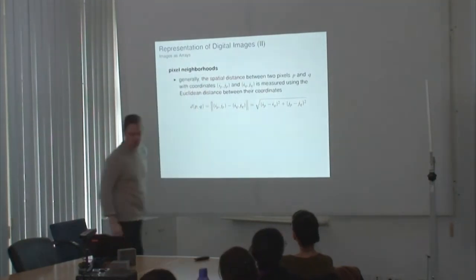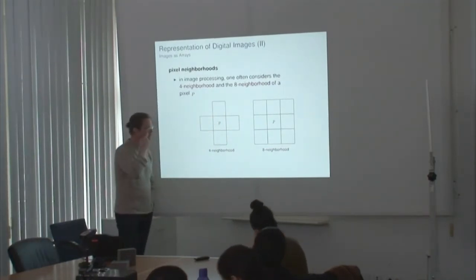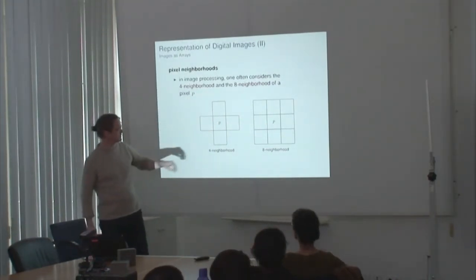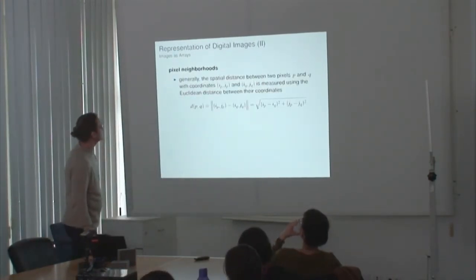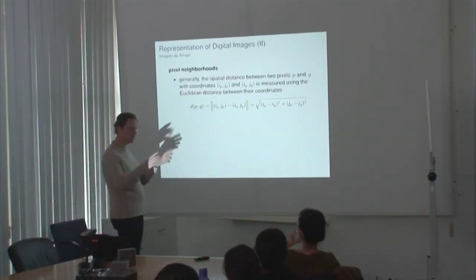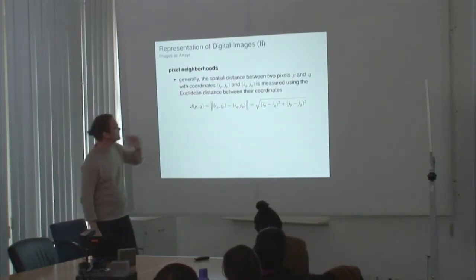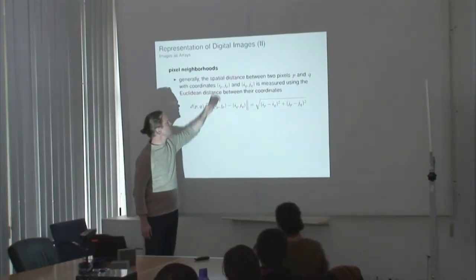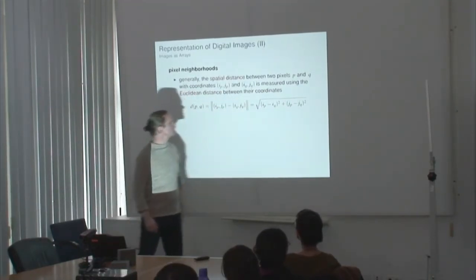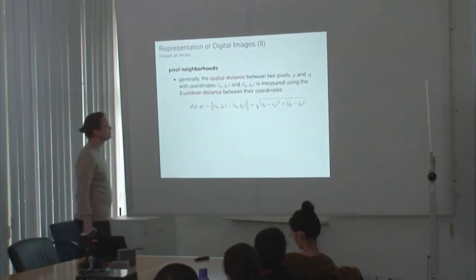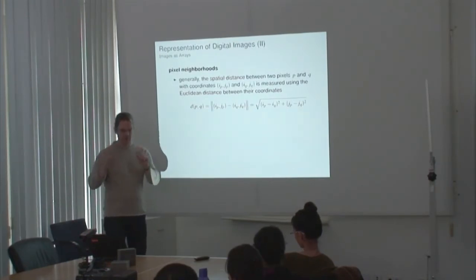Let's call them P and Q, and to be precise, say this one is P and this one would be called Q. When we are given their location in this matrix or on this pixel grid, we can use these 2 indices, the i and j coordinates of pixel P and the i and j coordinates of pixel Q, to compute the Euclidean distance between these 2 pixels, between where they are located.